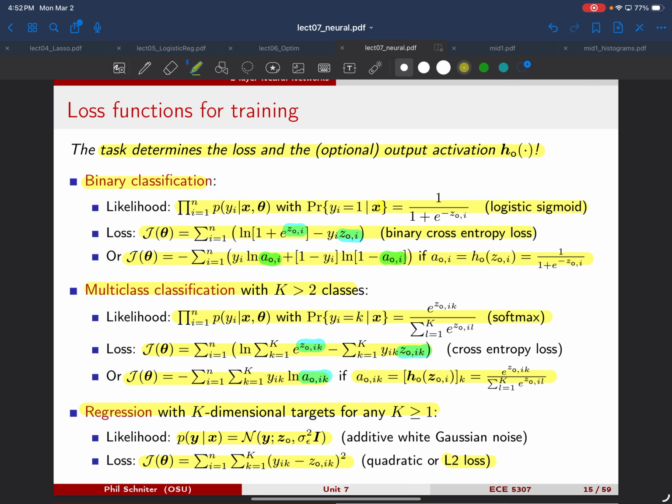And so under this model, you would choose L2 loss. I can't remember if we did this in a homework or not, but if you use additive Laplacian noise, then you could actually derive L1 loss, and that's another popular loss for neural networks.